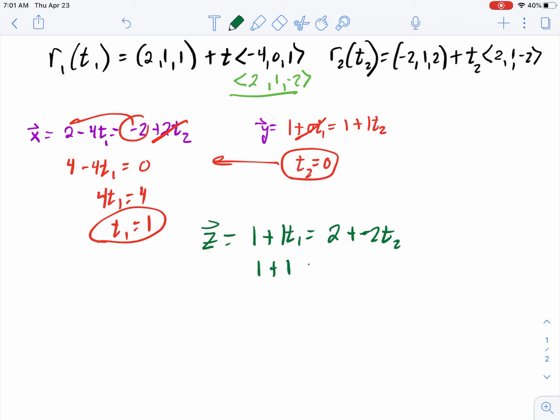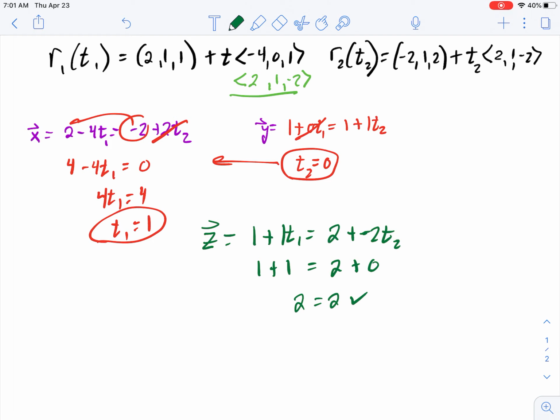And let's just plug my times in here. So I have 1 plus 1, and 2 plus 0. I get 2 equals 2. So that it checks. Okay, so what does that mean? Well, that means that they actually intersect, okay, at some location.